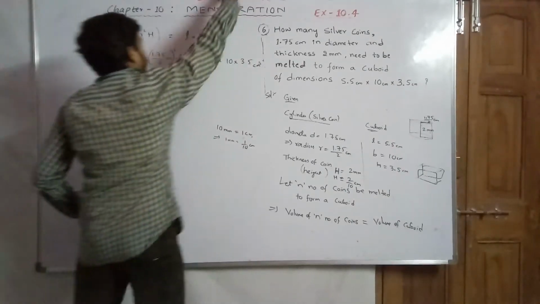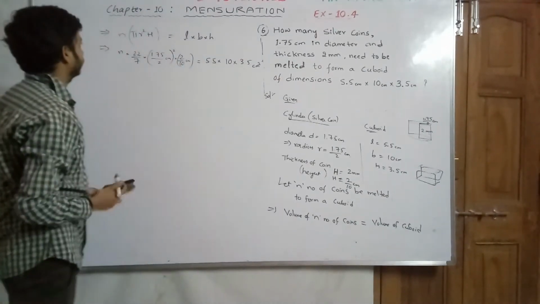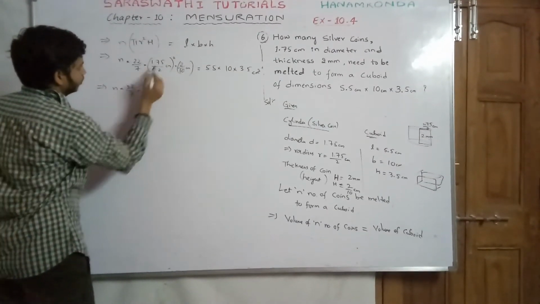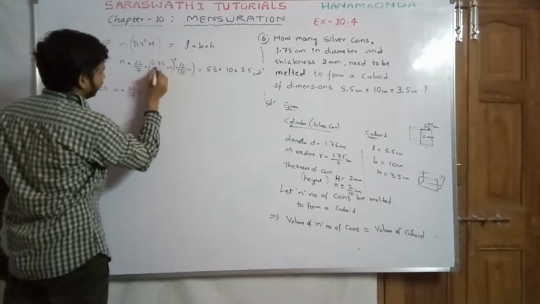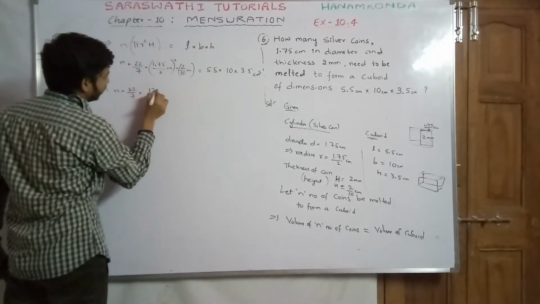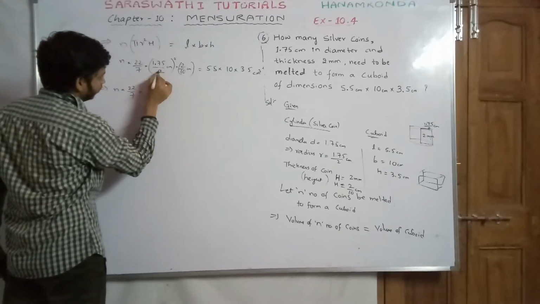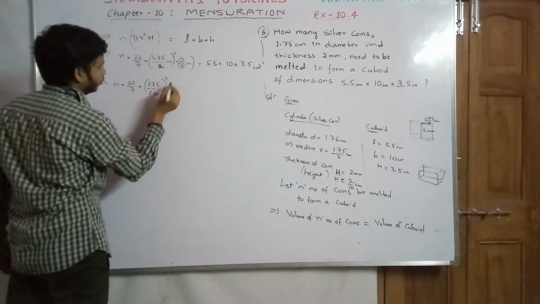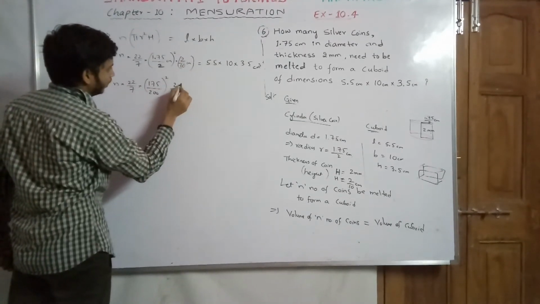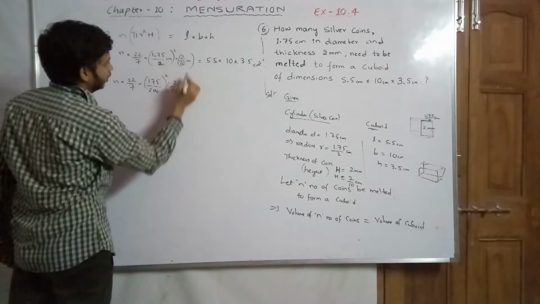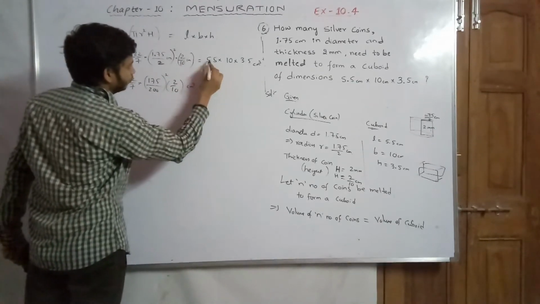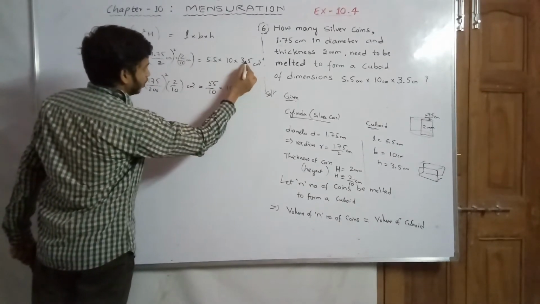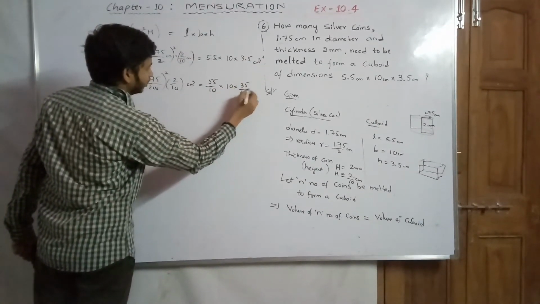So n into 22 by 7 into 1.75 by 2 whole square, where 1.75 can be written as 175 by 100, and with the denominator 2, that is 175 by 200, whole square, into 2 by 10 cubic centimeters, equals 5.5, which can be written as 55 by 10, into 10, into 3.5, which is 35 by 10 cubic centimeters.